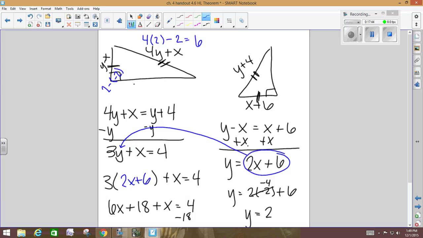When I plug it in over here, it becomes 2 minus negative 2. That's 4, okay? Plug it in over here, 2 plus 4 is 6, and negative 2 plus 6 is 4. All right, your legs are the same length, and the hypotenuses are the same length. So our x and y values are correct.